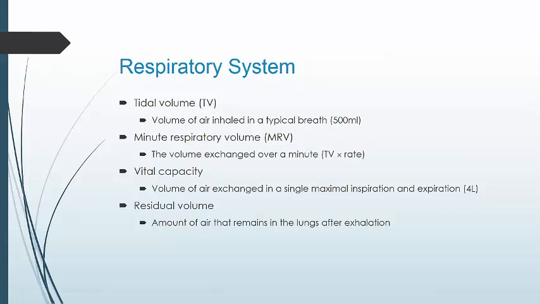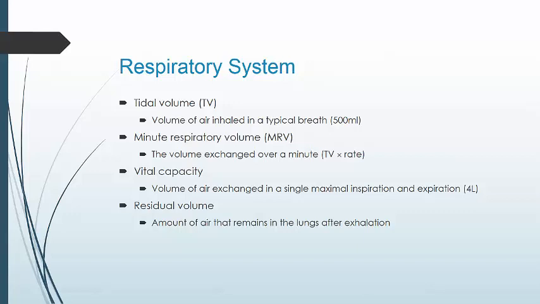So the amount of air you're actually getting in is about 350 milliliters. This is what's really important if you have somebody with shallow respirations, because let's say they're only breathing in 300 milliliters. Well, the dead space stays the same, 150, so 300 minus 150 is 150.